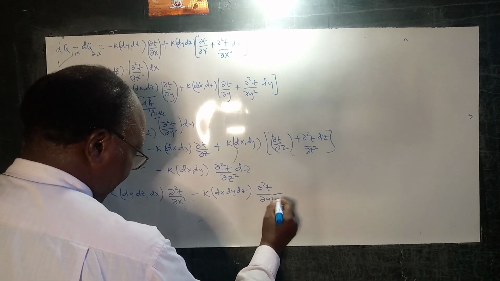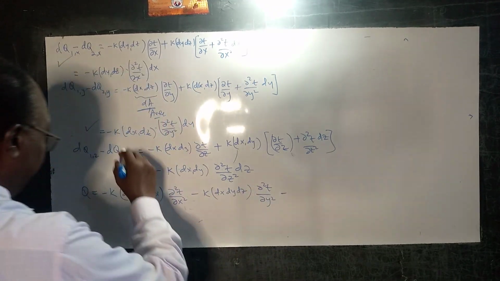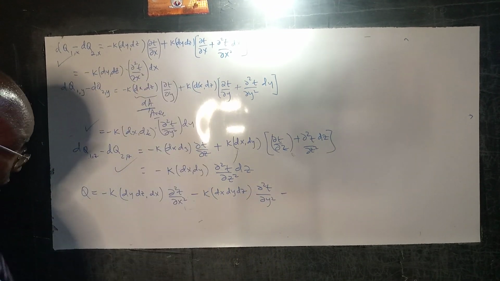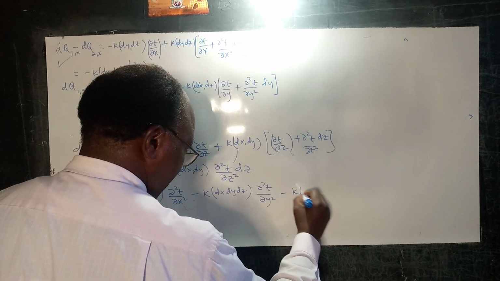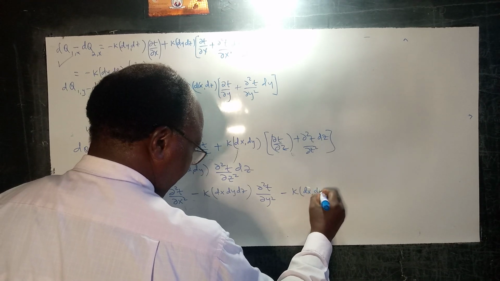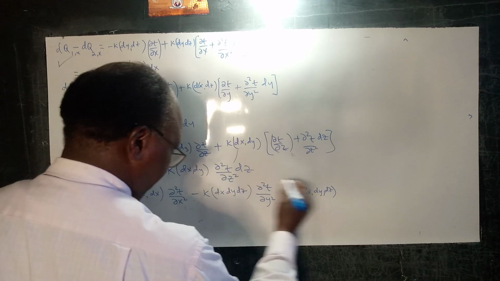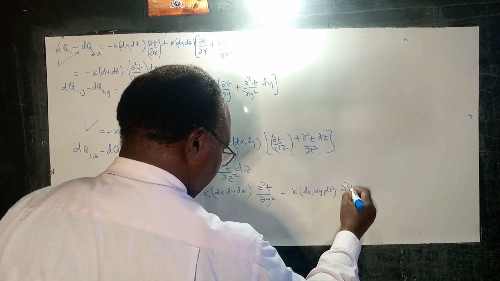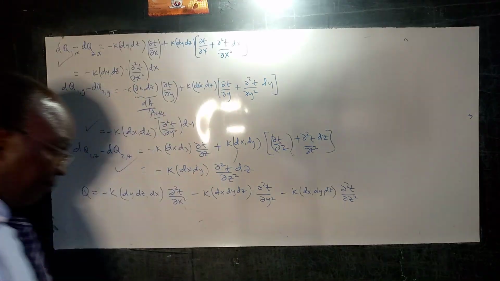And then the last one will now be minus k dx dy dz into del squared t, del z squared.